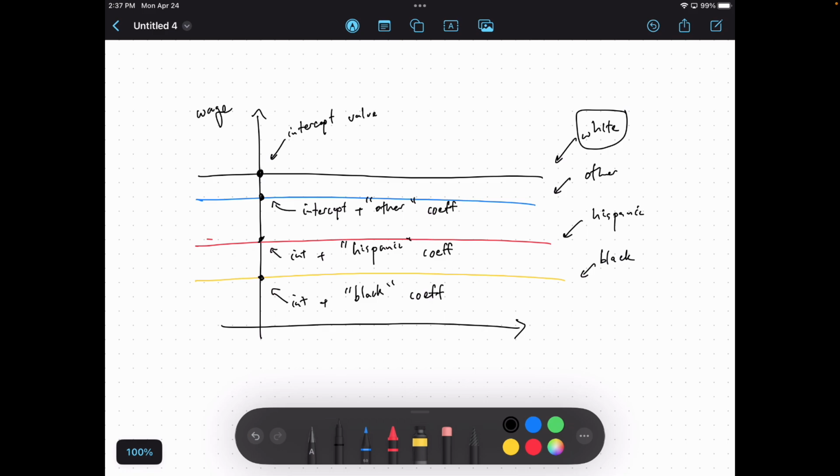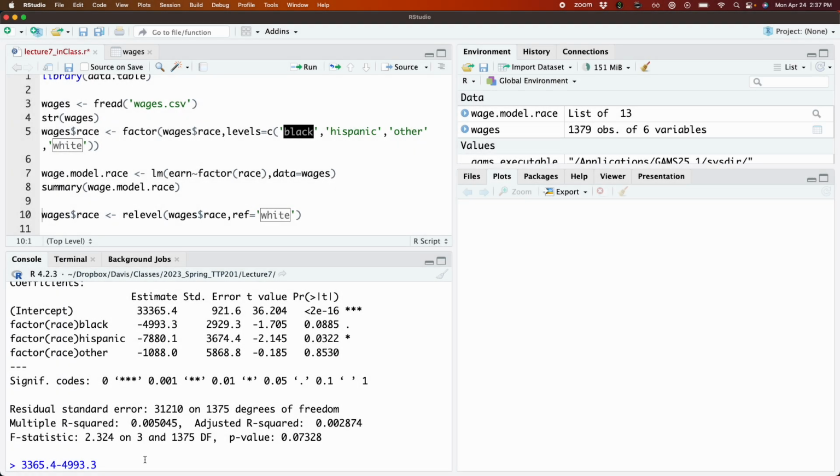Can you just overview the significance and how you interpret? Yep. Let's hop back to here to do that. So right here, I'm saying someone who is white makes on average $33,000, and we believe that is highly statistically significant.